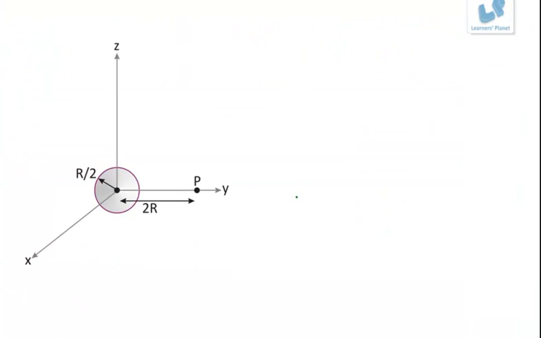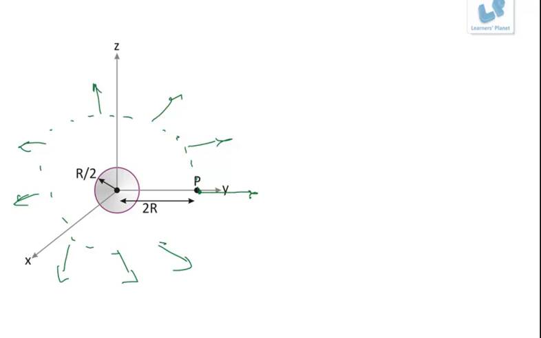Now let us find the electric field E2 at point P in the absence of the infinitely long cylinder, where charge is present only in this spherical portion. The radius of this sphere is r by 2. If we apply Gauss theorem and assume a sphere of radius 2r, then the electric field will be leaving normally from each point on the sphere, and also from point P on the surface.